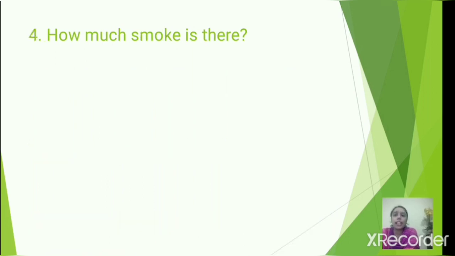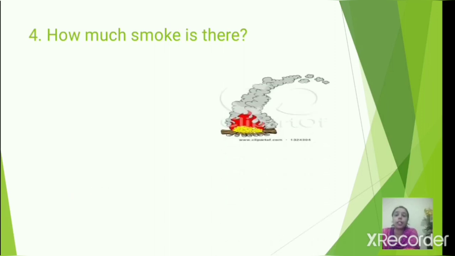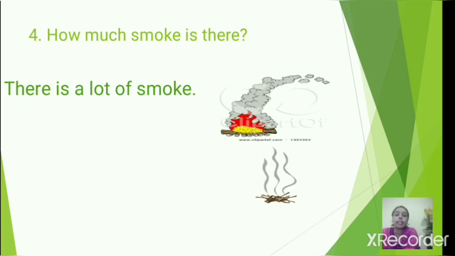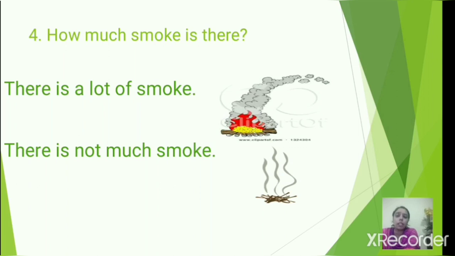How much smoke is there? Look, students. There is a lot of smoke. You can see there is a lot of smoke. In the second picture, there is not much smoke. Yes, students, am I correct?